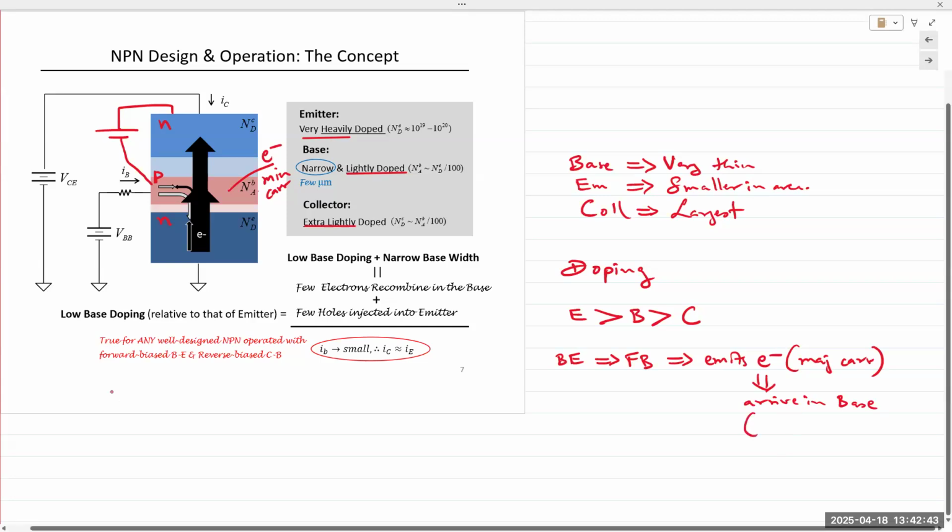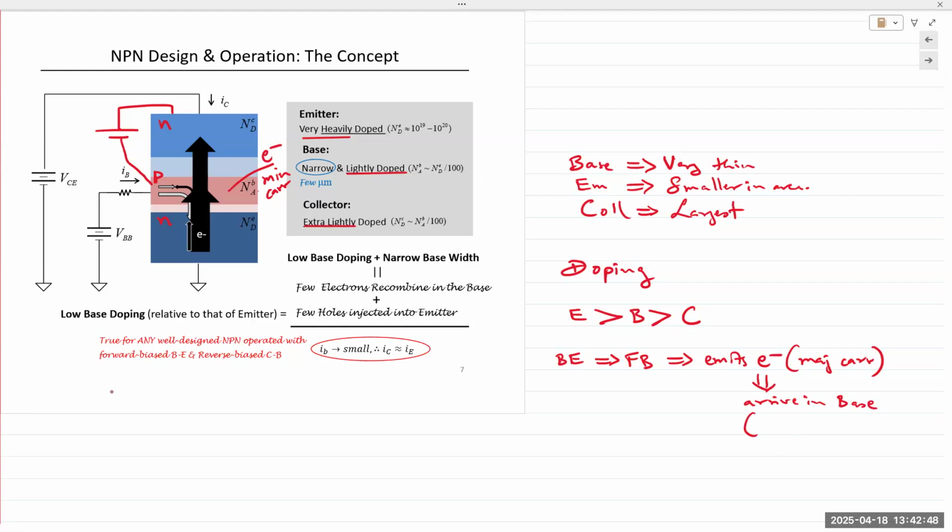Did all of that make sense? Which one? Forward bias.